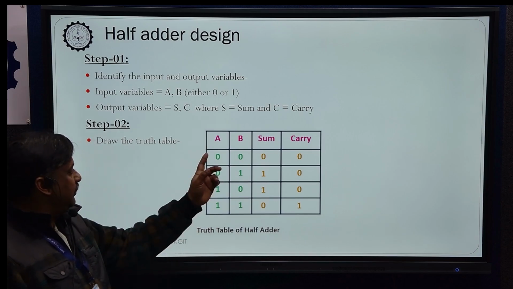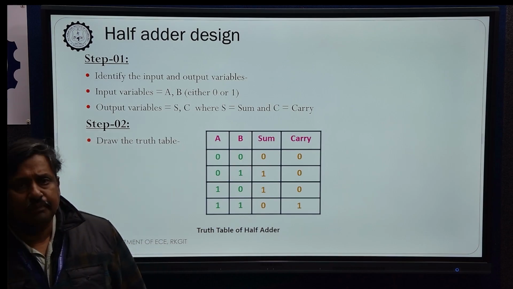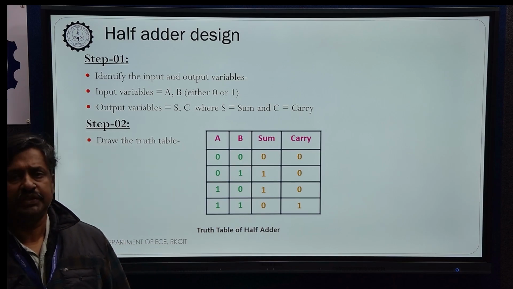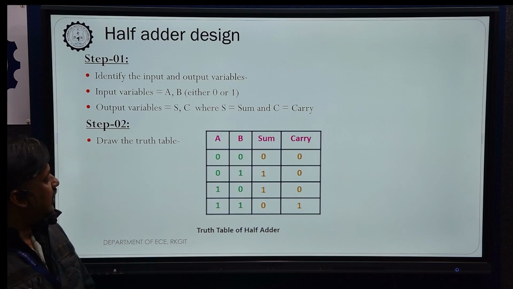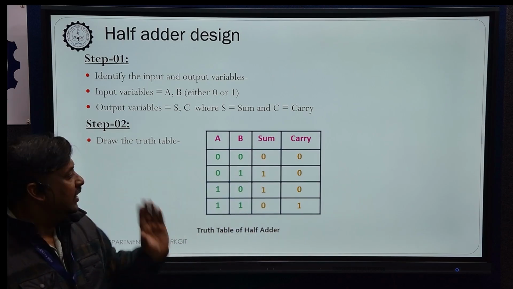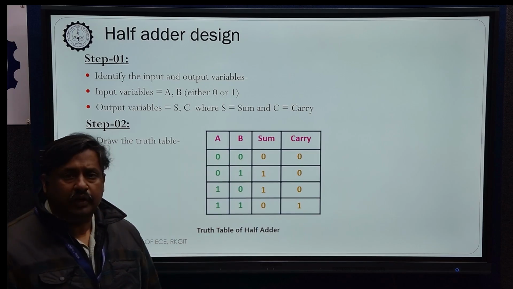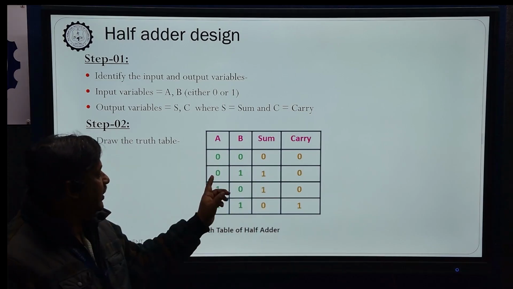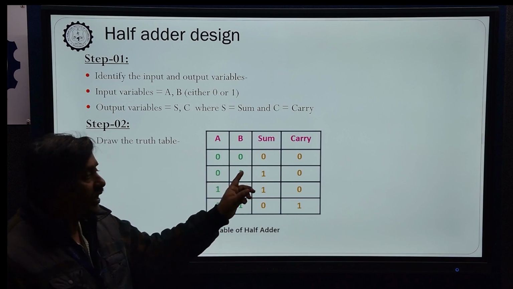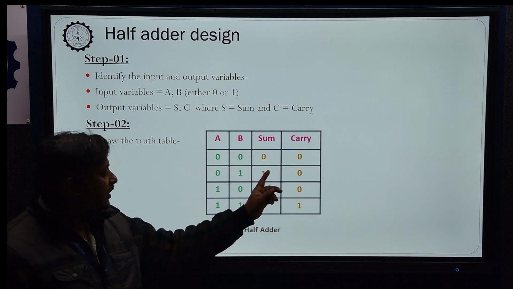Here we already know the basic arithmetic operation, binary addition, and the same thing happens here, giving the sum and carry result. So 0 plus 0: the sum is 0 and the carry is also 0. When it comes to 0 and 1, the sum is 1 and the carry is 0.